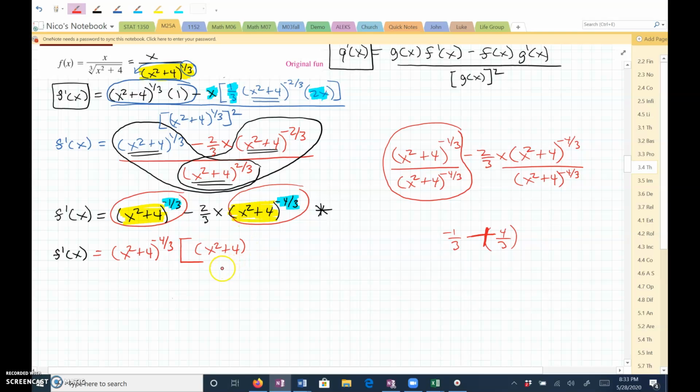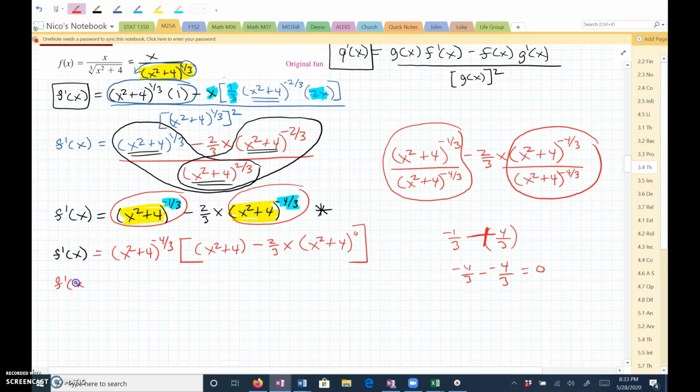So I can just leave it like that. Minus 2/3 x. And then again, when you divide like bases, subtract the exponents. Negative 4/3 minus negative 4/3, that's going to be 0. So this whole thing, x squared plus 4 raised to the 0 power, that's going to become 1. So you don't really have to write anything there. I'll write it there just to demonstrate.